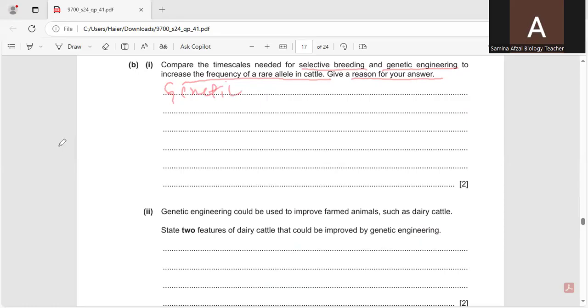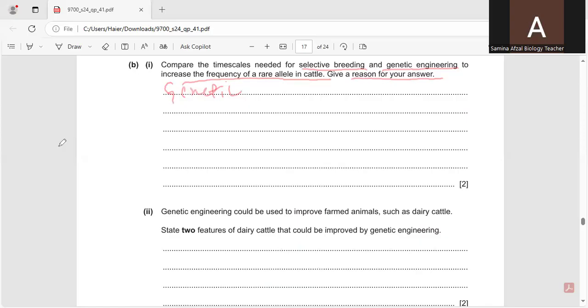So it takes time. It will take many generations, whereas genetic engineering or genetic modification can take a few hours, as it takes place with the help of bacteria. So we can see that this is a much better process by which we can reproduce the offsprings in a very short time.